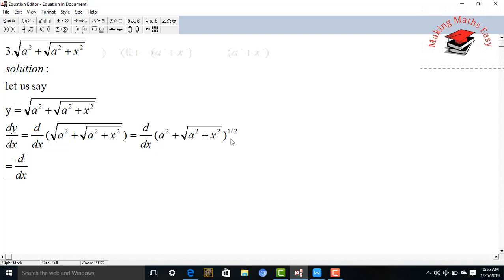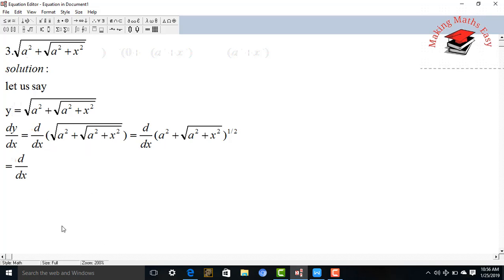So we know that whenever there is such kind of function, we use a general formula. I told you in the previous video that this formula will be used in most of the complicated sums. That is the derivative of x raised to n, which is equal to n into x raised to n minus 1.